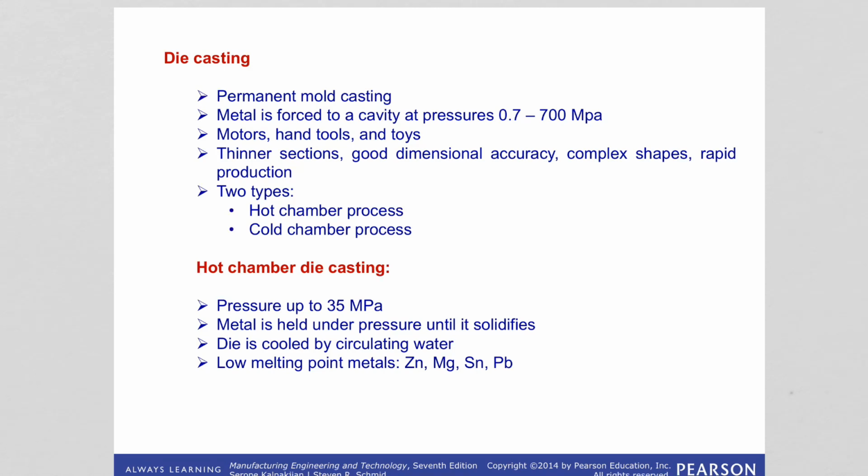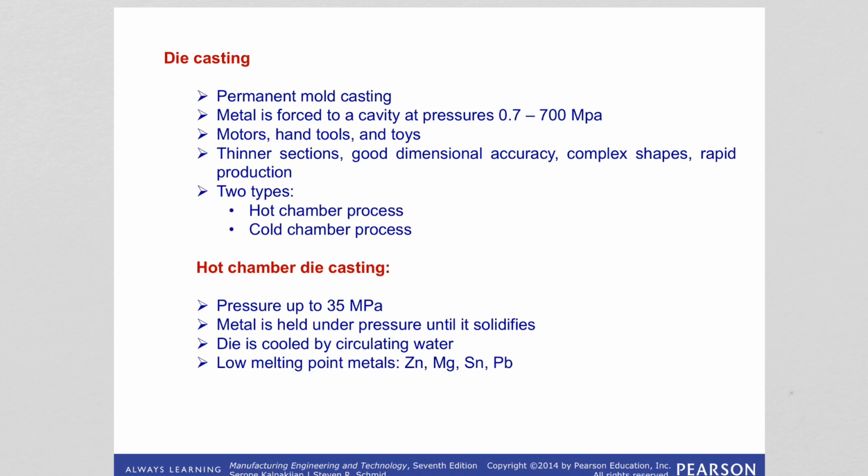This process should not be confused with pressure casting, because in this process we use very high pressures, typically ranging from 7 to 350 megapascal. The pressure is maintained during the solidification, after which the mold is opened and the part is removed.